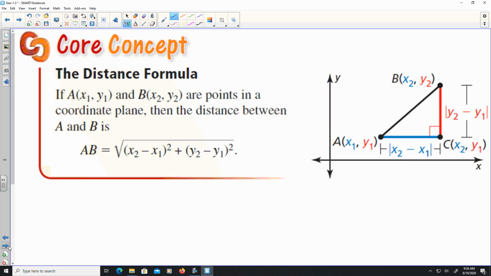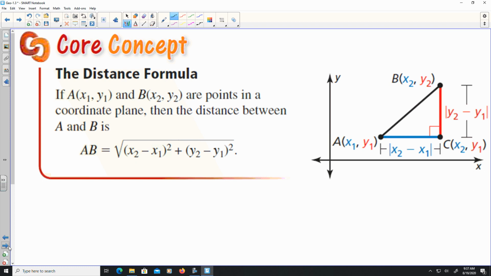All right, now we're going to look at using the distance formula. And the distance formula is kind of derived off of the Pythagorean theorem of a triangle. Hopefully you've had some experience looking at that. But mainly what you're doing is just using the coordinates and substituting them into the correct spot.